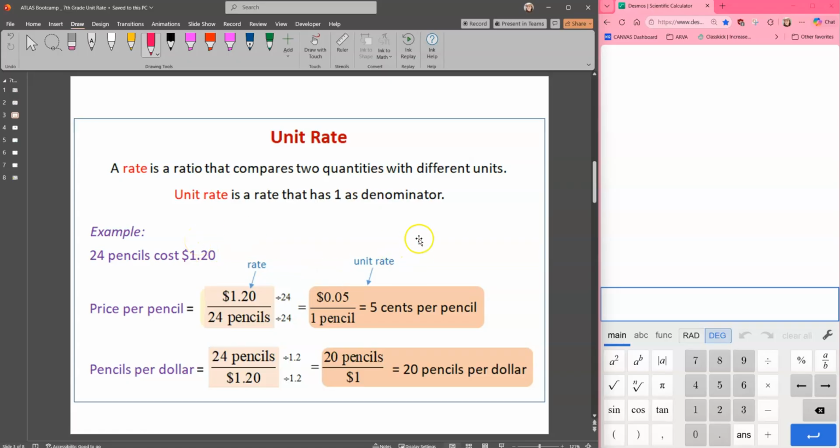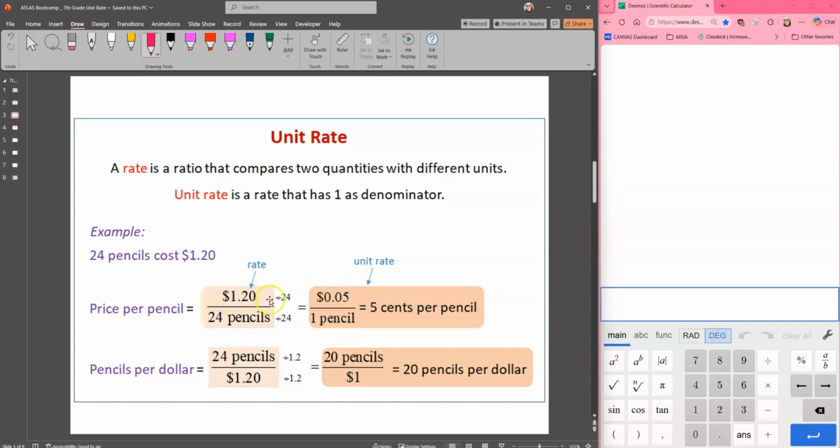And in this example, we have 24 pencils that cost a person $1.20, and we're trying to figure out the unit rate. So we're going to set that up as a fraction. So 1.20 per 24 pencils. And then to get a unit rate, we have to get that denominator to be 1. Well, anytime you divide something by itself, it's just 1. 24 divided by 24 is 1. And if we're looking at a fraction, if I do it to the bottom, I have to do it to the top to keep it equivalent.